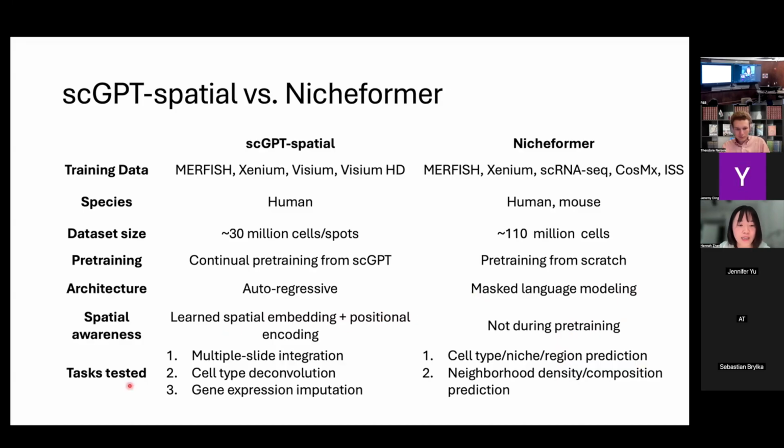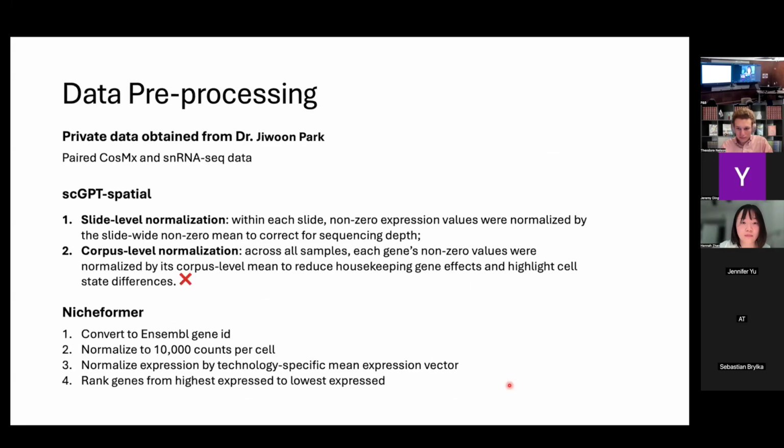For the downstream tasks tested in their paper, scGPT Spatial tested multi-slide integration, cell type deconvolution, and gene expression imputation, while Nicheformer tested cell type, niche, and region prediction, and also neighborhood density composition prediction.